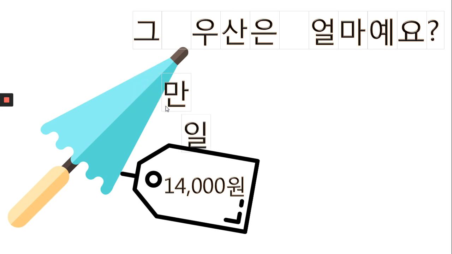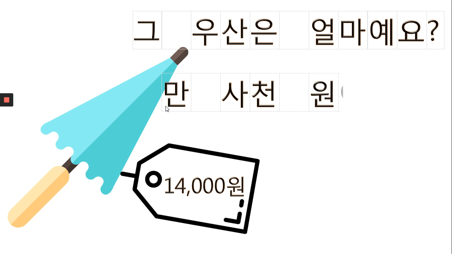No 일. Omit it. Okay, just 만. And 4,000, 14,000. Okay, 14,000. And what do we need? 원이에요. 14,000원이에요. 그 우산은 얼마예요? 14,000원이에요. Okay.